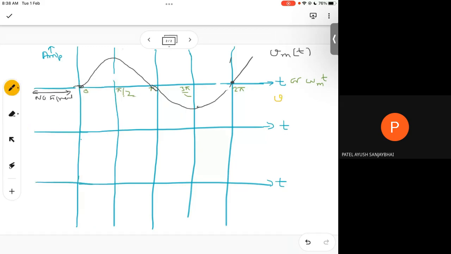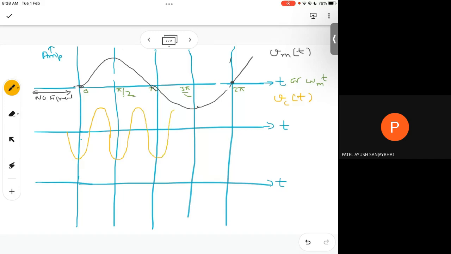A carrier signal, Vc(t). Now, if I plot this Vc(t), it is a high frequency signal. That means there will be many variations here. It is changing very rapidly.